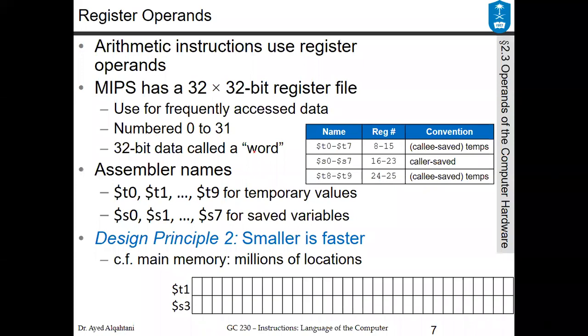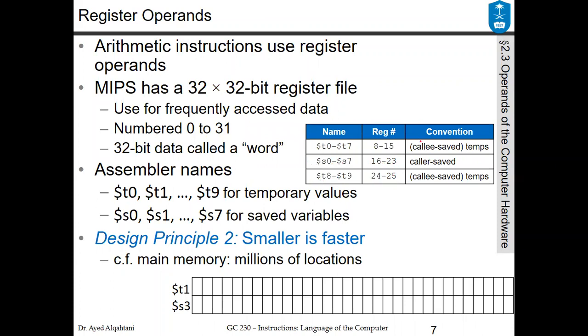Now, it's good to understand the 3 rows that I talked about in the registers. We have the registers from register 8 to 15, that's from T0 to T7. T8 and T9, that's register number 24 and 25. And the registers S0 up to S7, these are the registers from 16 up to 23.